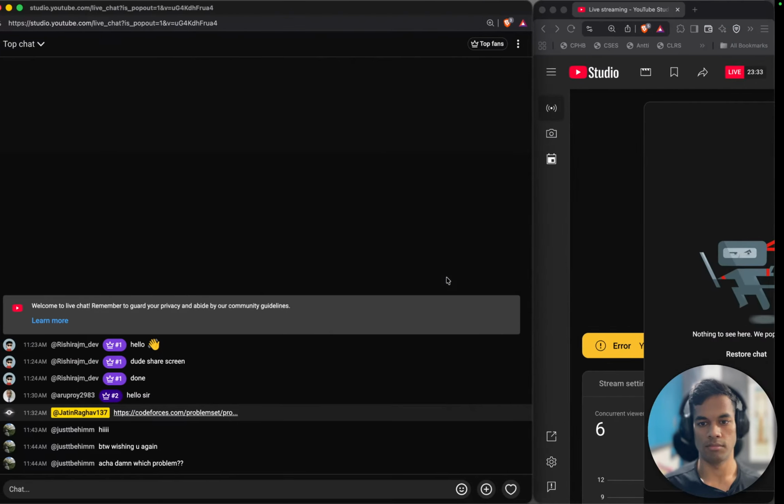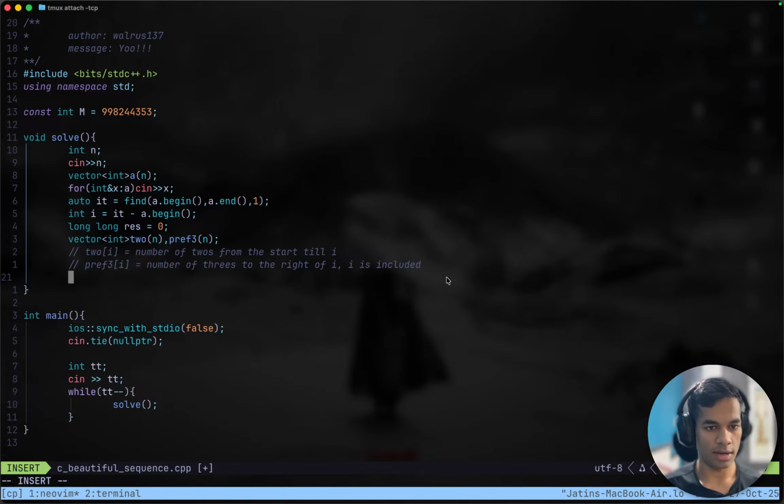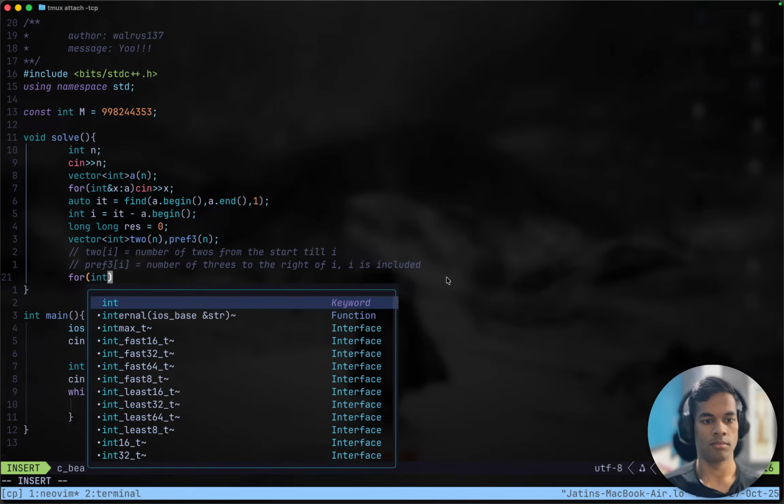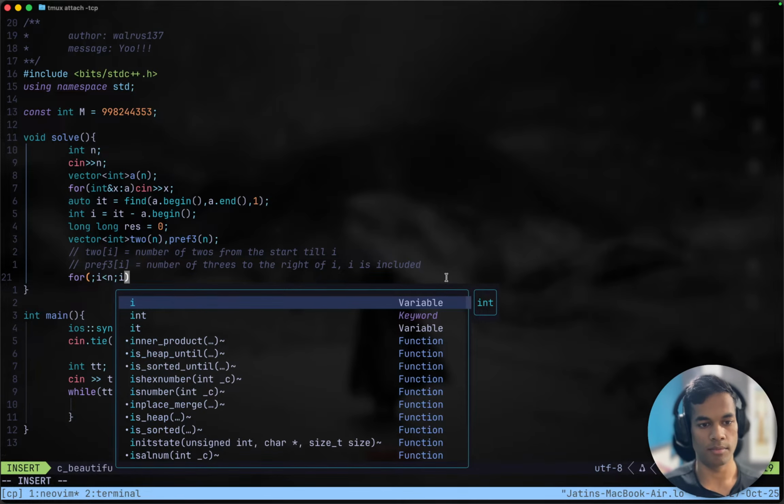That does make sense, I think. And with that, let's fill our 2 vector, and the number of 3's to the right. That makes sense. And we will not need it just now, we will need it later.